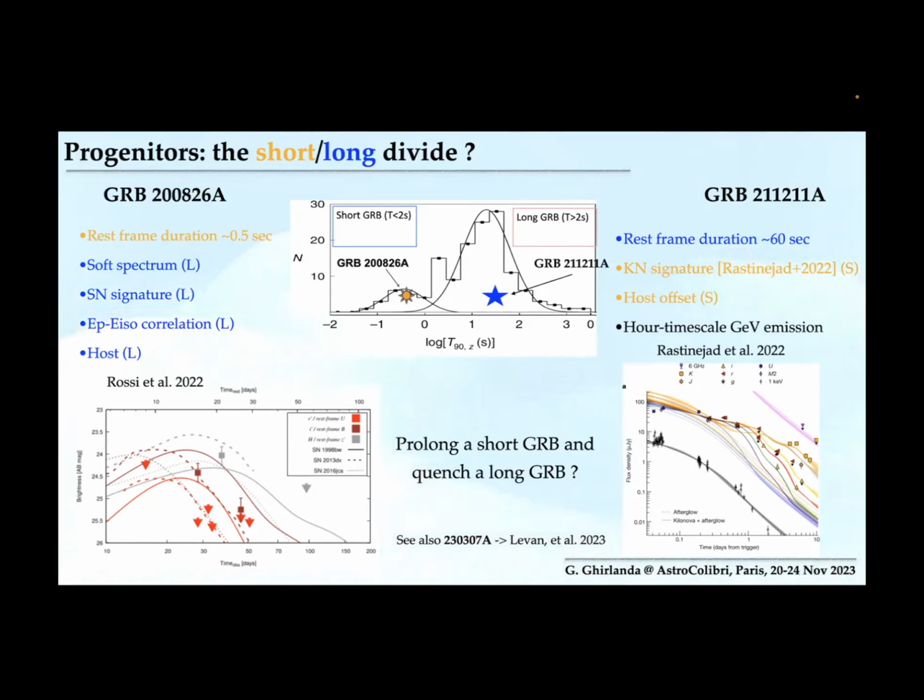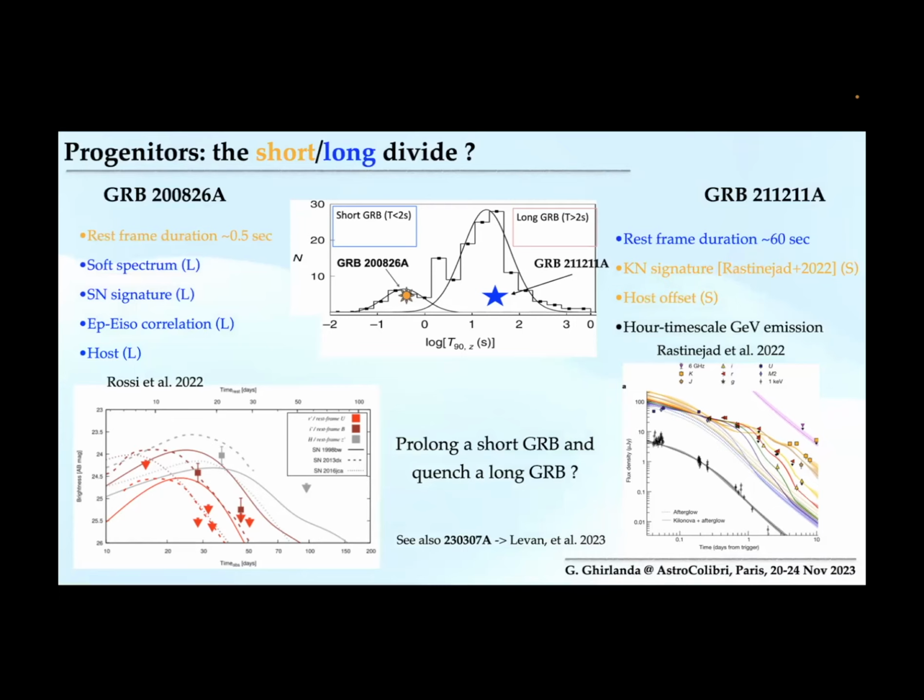So let's start here. There were examples like this first, which apparently is a short duration GRB, but when you look at the other features like its spectrum or the properties of its host galaxy, they are not typical of short GRBs, but resemble those of long GRBs.